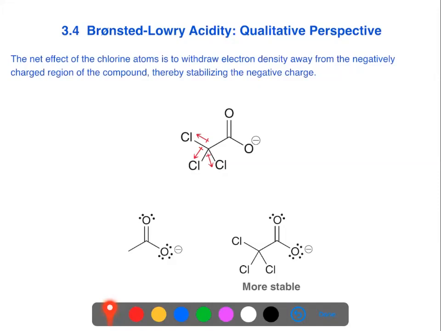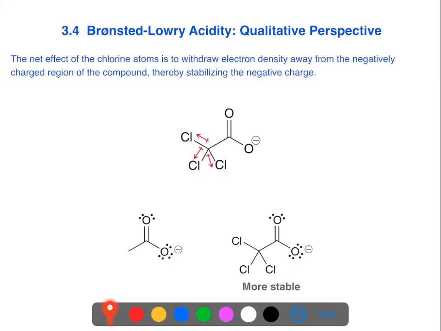So as a result, the trichloroacetate is more stable due to the presence of these chlorine atoms and their ability to withdraw electron density from this delocalized additional electronic charge of the acetate ion.